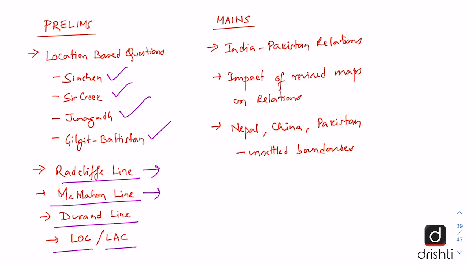The McMahon Line demarcates the border between Northeast India and Tibet, whereas the Durand Line is the border between Afghanistan and Pakistan. The Line of Control is the border between India and Pakistan in Jammu and Kashmir, and the Line of Actual Control is between India and China. So we should know this.